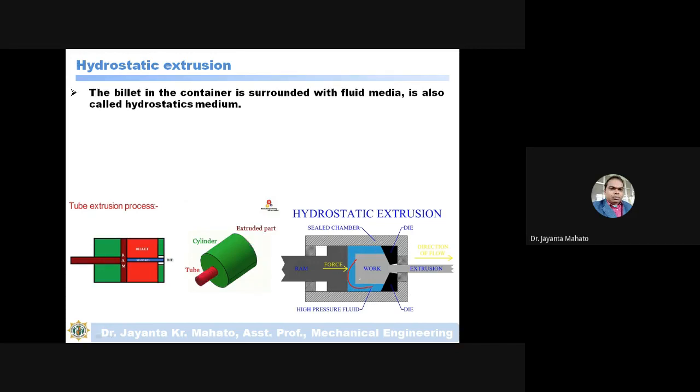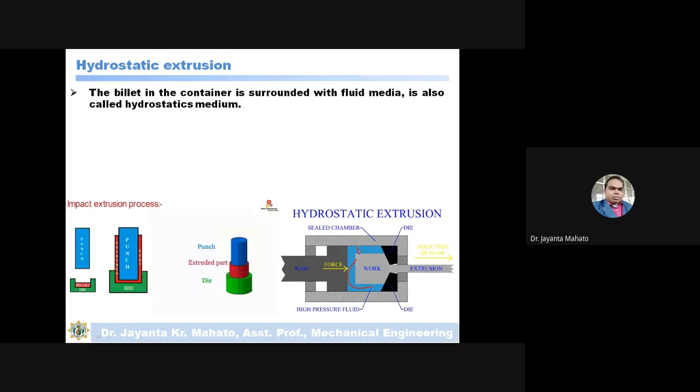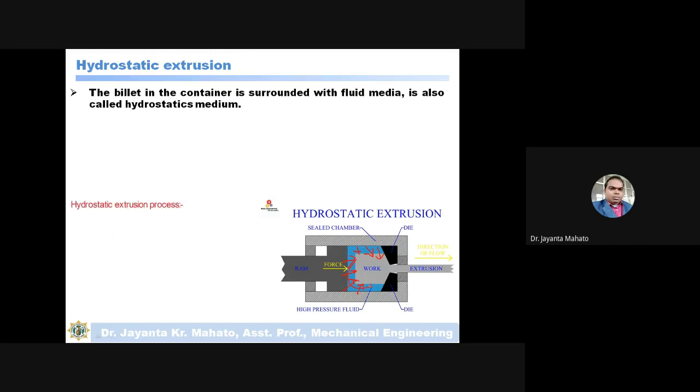Since there is a fluid, the applied force is equal everywhere. Okay, as the pressure is applied via this fluid, the pressure is equal throughout the material. So just see here.